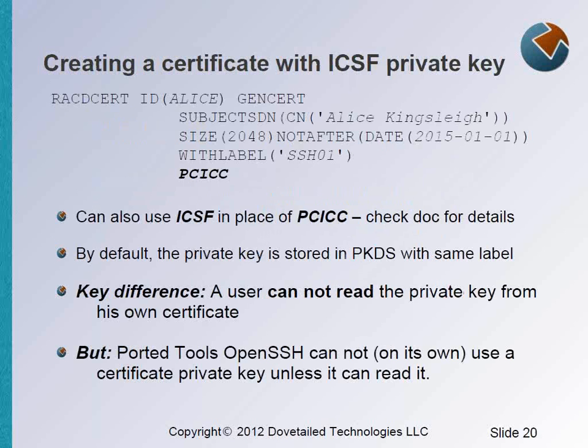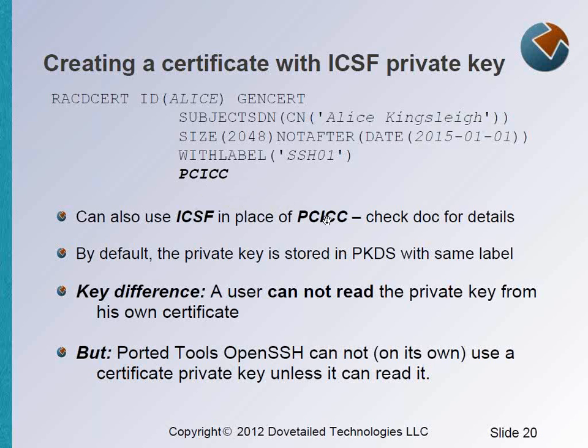Okay, so now we talked about the permissions. This is something that is extra on top of what we've already discussed. And what we're doing here is showing how when you generate a certificate, you can add a keyword. You can add either the PCICC keyword or the ICSF keyword, either one. They're very similar.